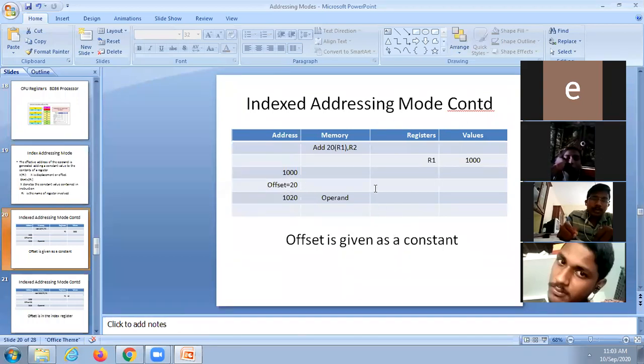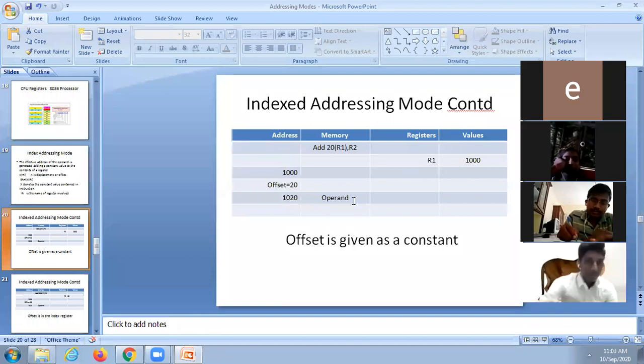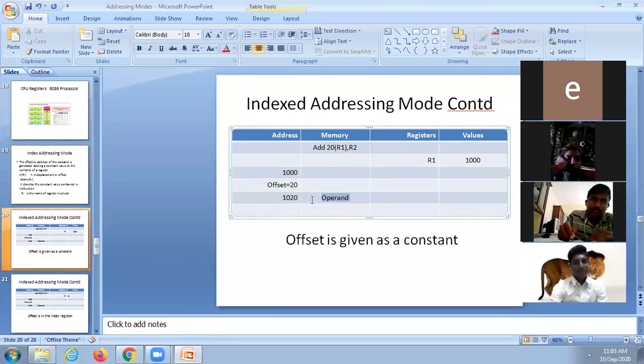So 1020. So this 20 of R1 means that the actual data is available at address 1020 in this case. So what is the value in 1020?